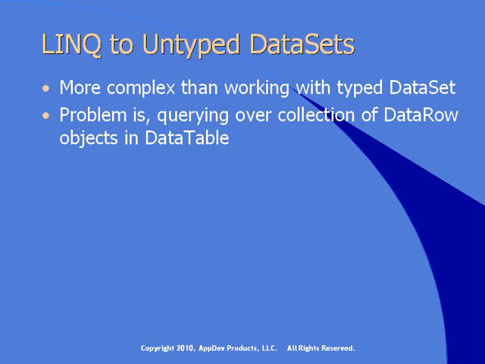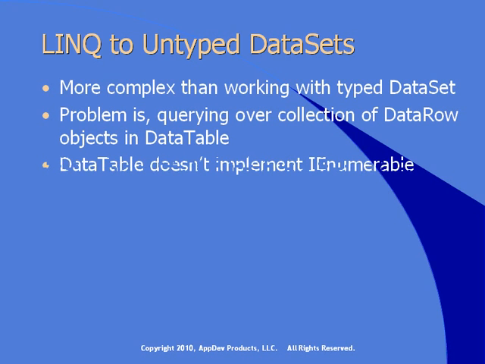The problem is, first of all, you're querying over a collection of data row objects in a data table, not a specific type of data row in a specific type of data table, just the plain old data row in a data table. And data table doesn't even implement IEnumerable, so how can you work around this? Extension methods solve this problem. Remember, an extension method allows one class to extend the behavior of another.